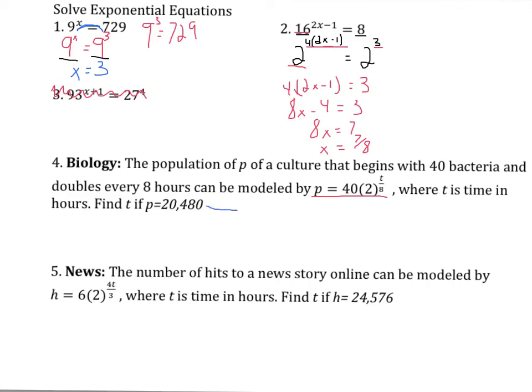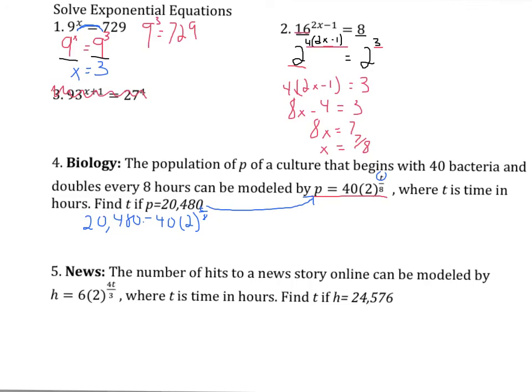We're just going to substitute in for P. So we've got 20,480 equals 40 times 2 to the T over 8.